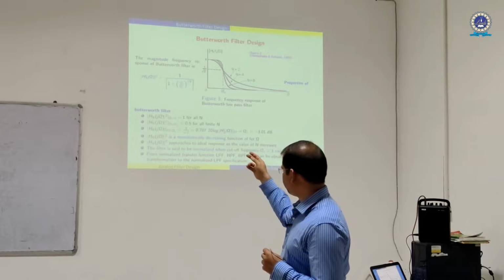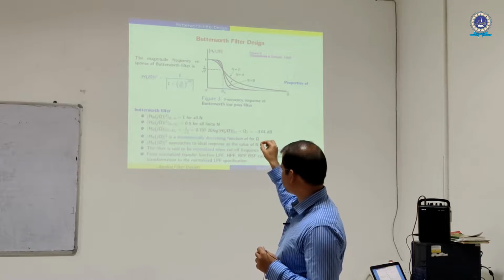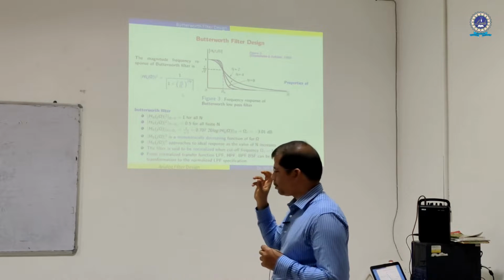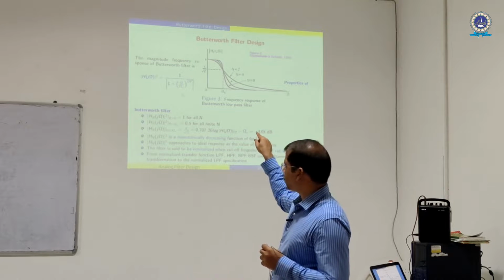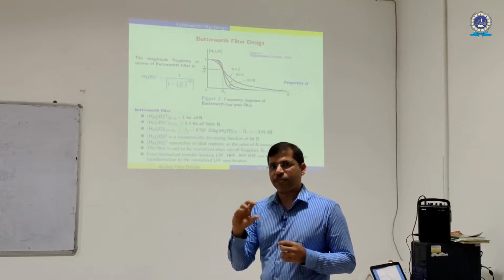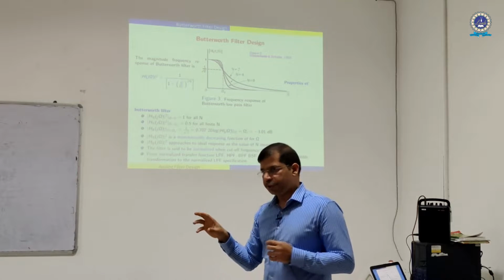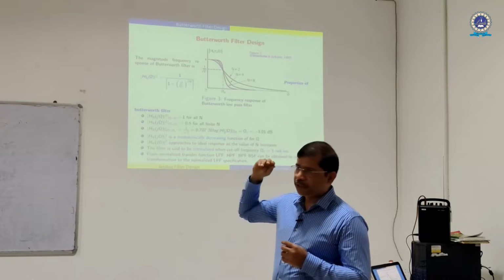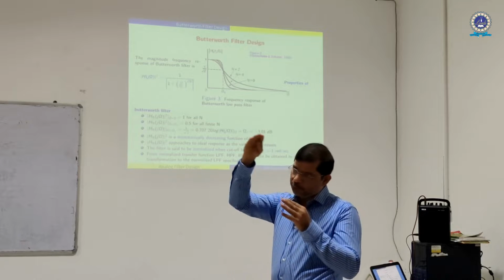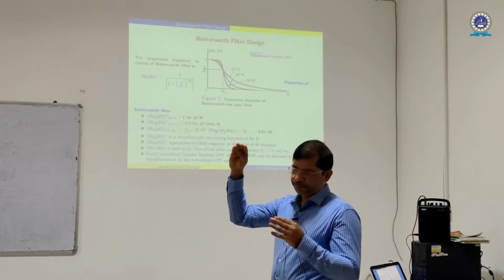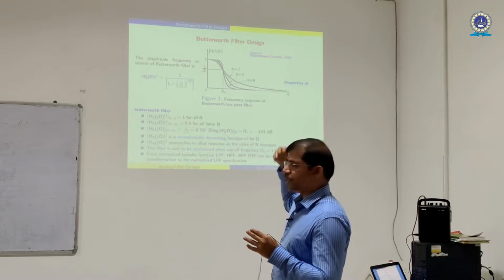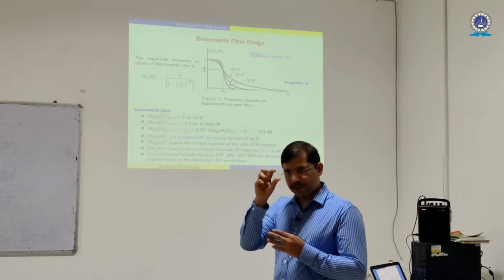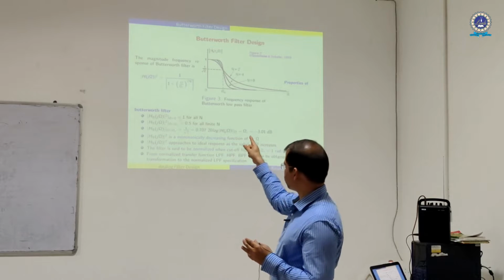Then you have those equations, 1 plus (Ω by Ω c) whole square. If you look at that particular equation, it's an approximated curve. So some estimation techniques were used to get that particular equation. If you plot that equation, it looks like a low-pass filter frequency response. Based on that, he has done the curve fitting, and he finalized the Butterworth magnitude response to be something like that.